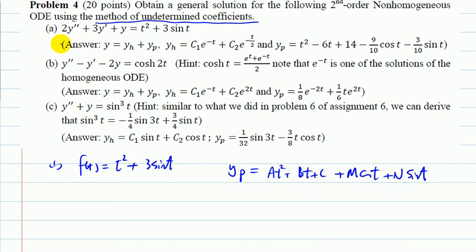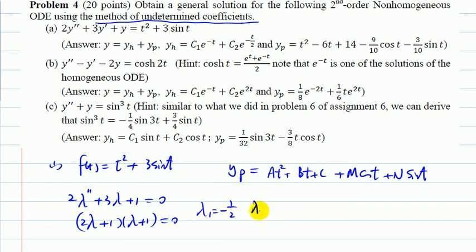Let's take a look at the solution of the homogeneous one. The solution is actually given here. You just have to solve the characteristic equation, and it's very simple. You can factor this into 2 like this, so lambda equals negative 1/2 and negative 1.